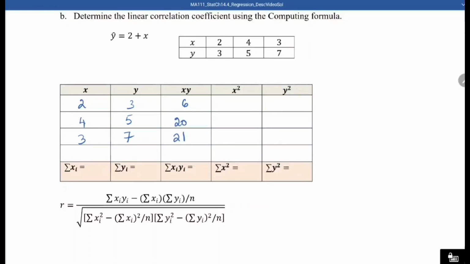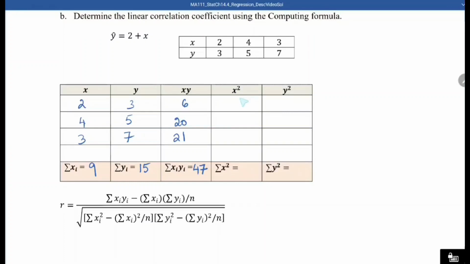And when you sum them up, that should give us a value of 47. The sum of the x values, we already did that before. It's 9, and sigma y is 15.